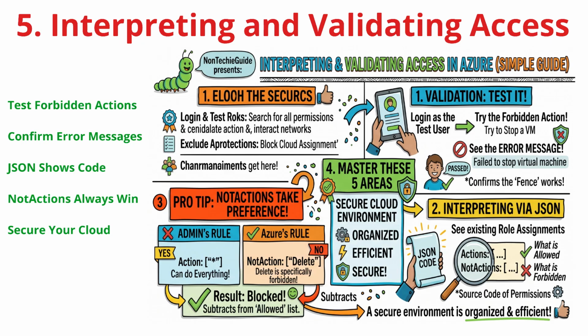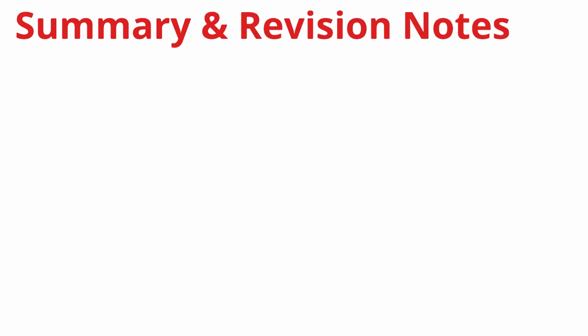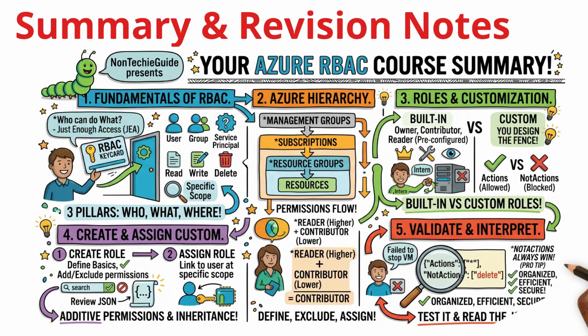We started with the fundamentals, learning that RBAC is a digital keycard system based on just enough access. You explored the Azure hierarchy, seeing how permissions flow from management groups down to individual resources. We compared built-in roles like owner and reader to custom roles where you design the specific fence your team needs.